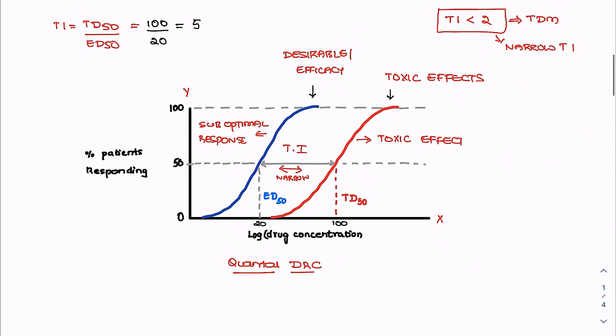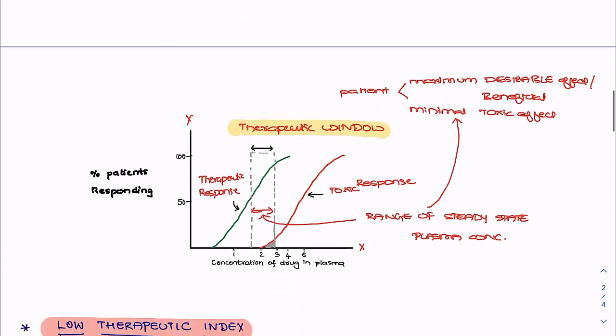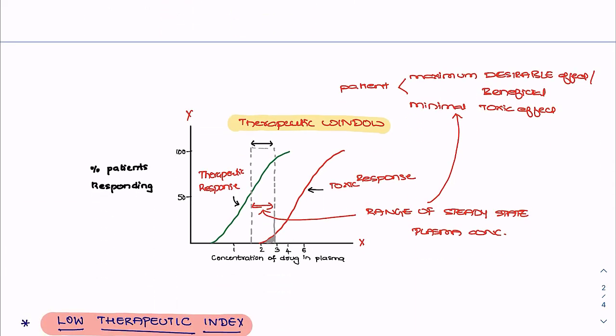If they give this graph and ask you to identify this range representing 50% of the population, it will tell you about the therapeutic index, and they will give an equation for calculating it. Whereas if they ask about a graph consisting of a quantal dose response curve, showing maximal therapeutic benefit and minimal toxic effect, then this represents the therapeutic window, the range of steady state plasma concentration required to produce a maximal desirable effect with a minimal toxic effect. Is that clear?